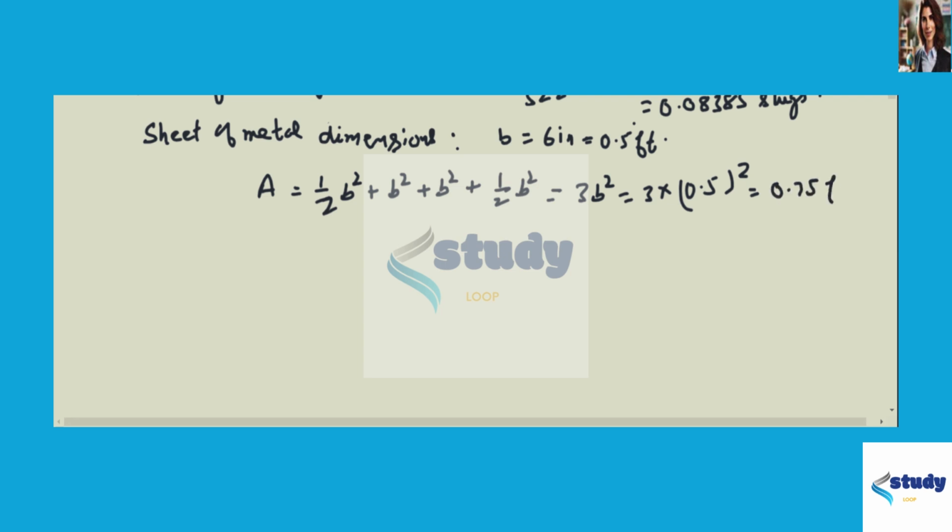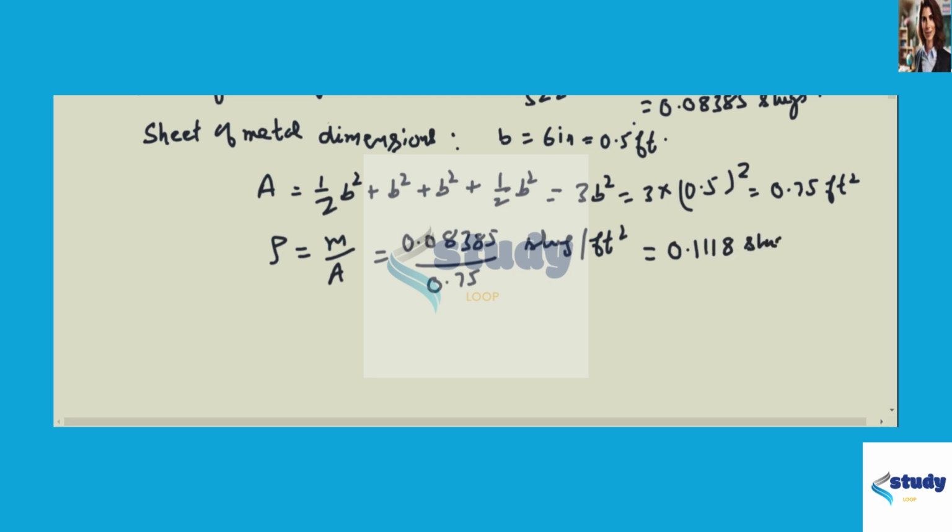So you can find the density. Density of the sheet you will get as mass upon area. Mass per unit area you are finding. Mass is 0.08385 divided by 0.75 slugs per feet square, and its value will be 0.1118 slugs per feet square.